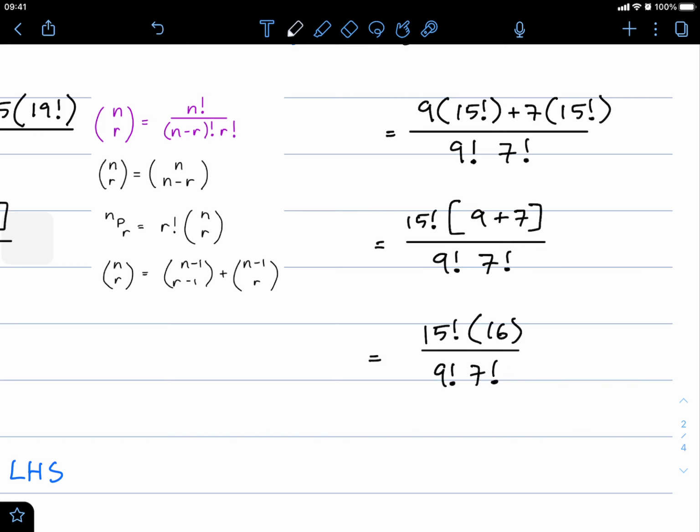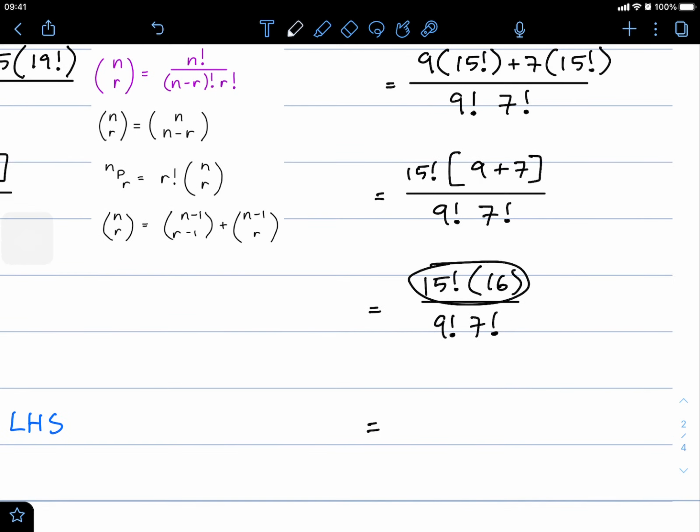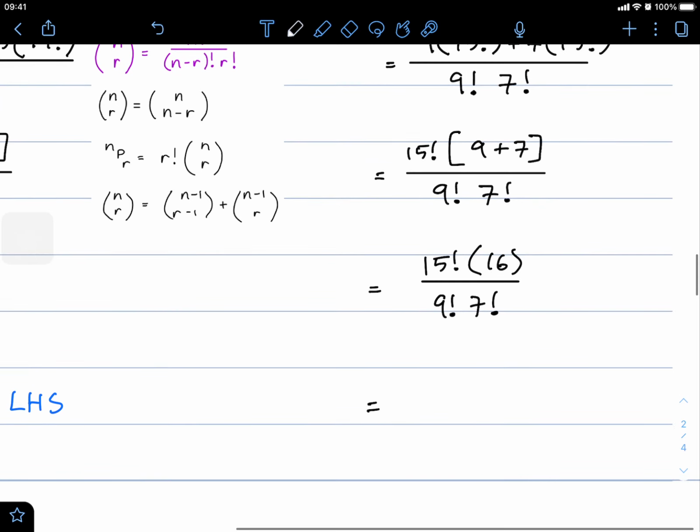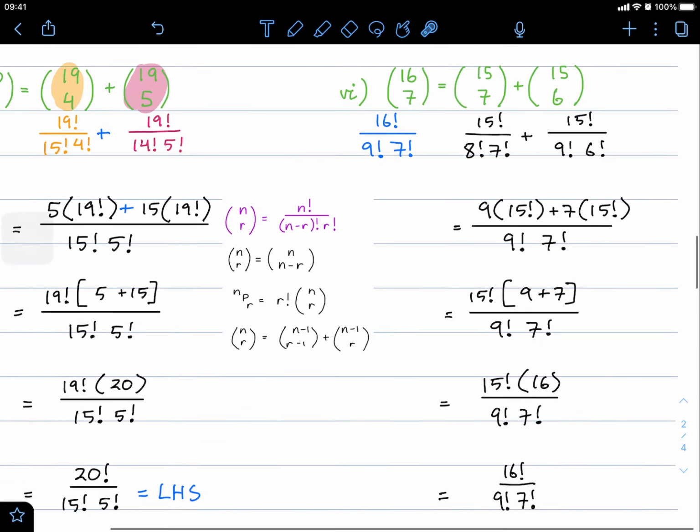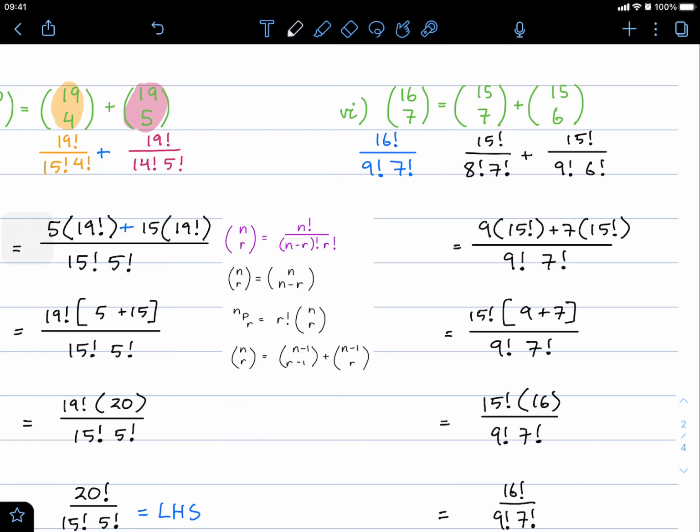Which, if we now just simplify, 15 factorial times 16 is 16 factorial over 9 factorial, 7 factorial, which is equivalent to what we started with on the left-hand side.